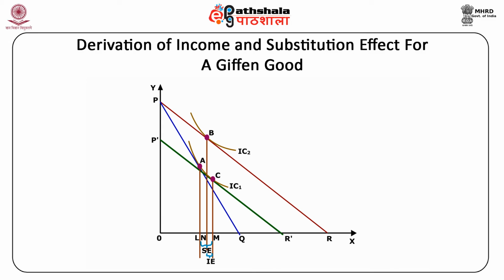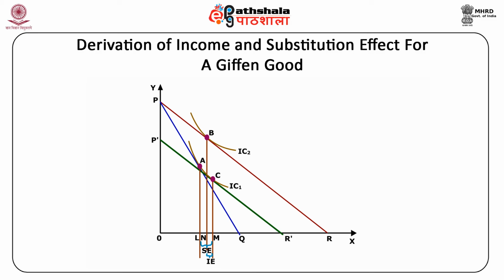As price of good X falls owing to the substitution effect, quantity demanded increases by LM, whereas owing to the income effect, quantity demanded is reduced by MN, but LM is less than MN.